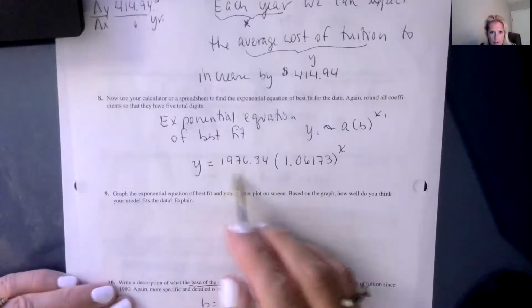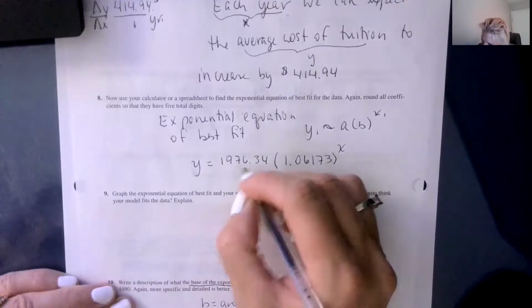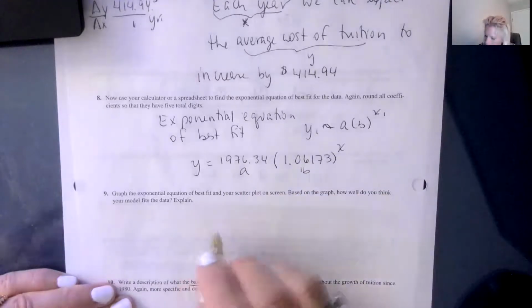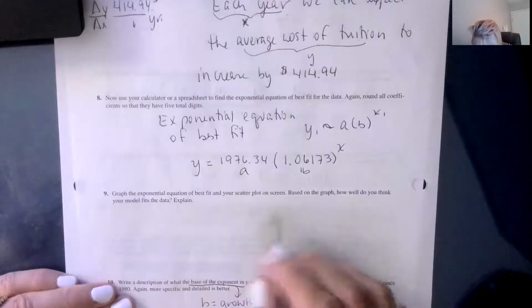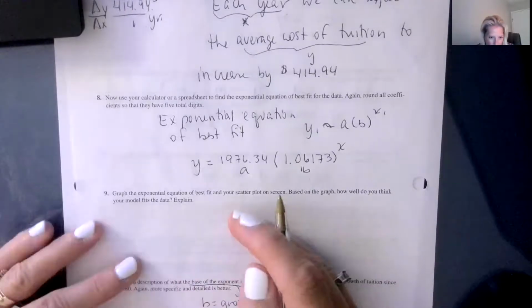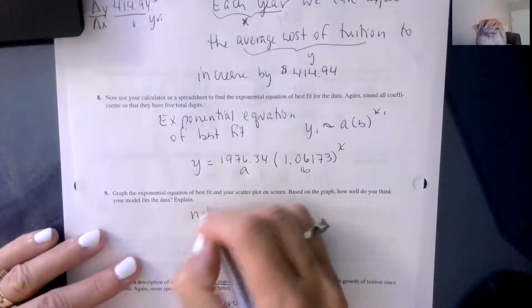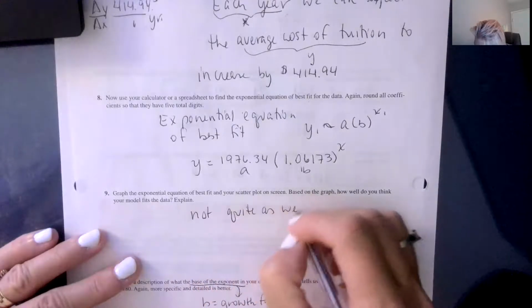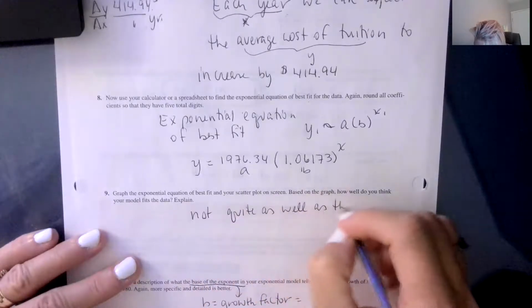So there's our exponential equation of best fit, our a and our b. And then, do we think the graph fits as well? Not quite as well as the linear.